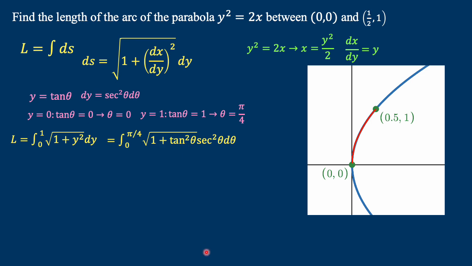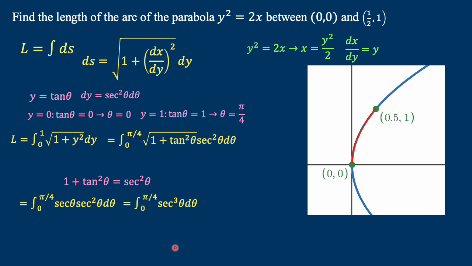What is 1 plus tangent square theta? That's secant square theta. So we have integral from 0 to pi over 4 of square root of secant square theta, which is secant theta, times secant square theta d theta. That's going to be secant cube theta d theta.